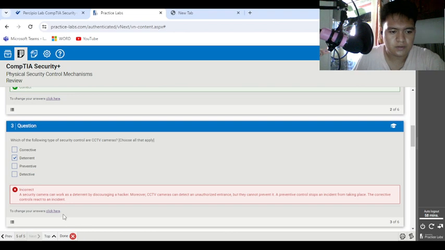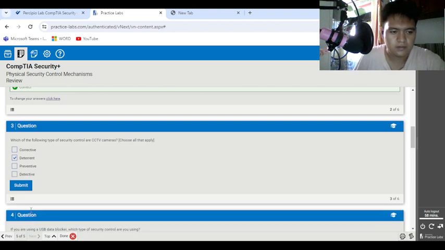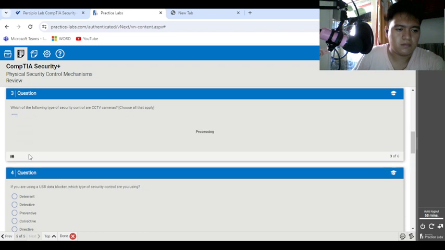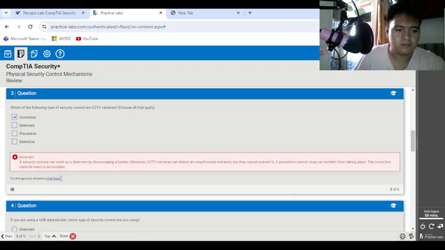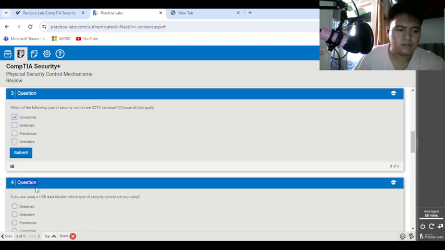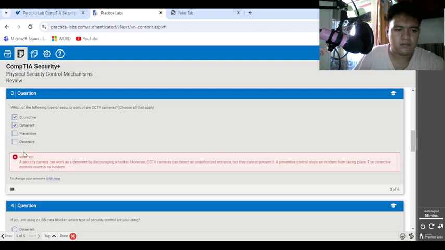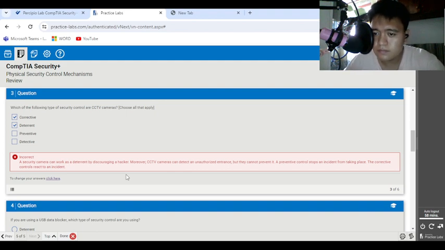Corrective controls react to an incident. Preventive, corrective, and deterrent.